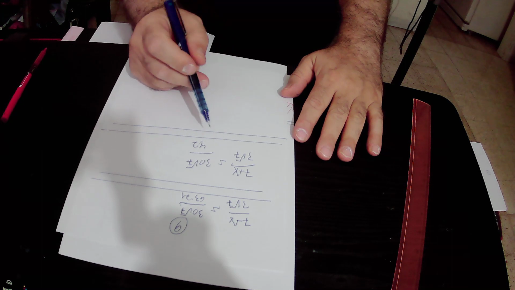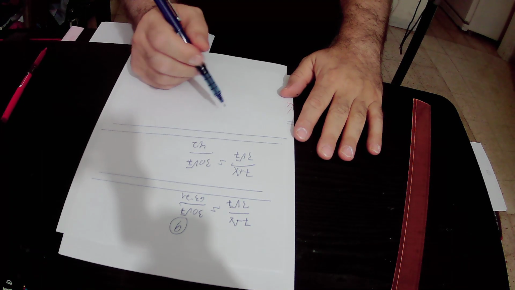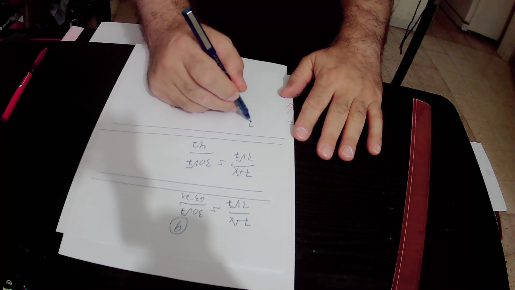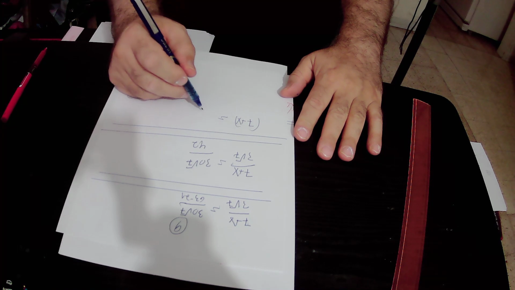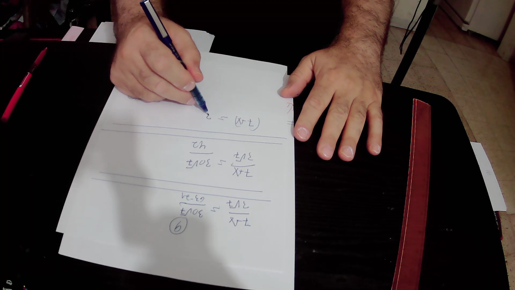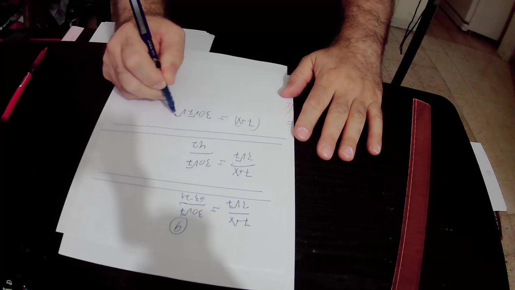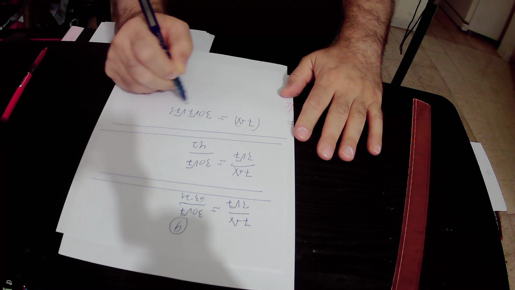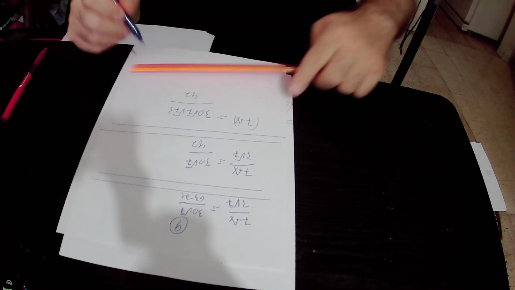So here we will multiply this equality by 3 times root 7, and we will get that 7 plus x equals 30 times root 7 times 3 root 7 over 42.